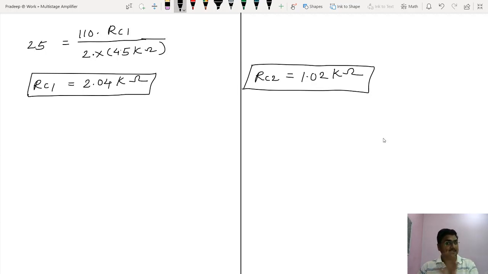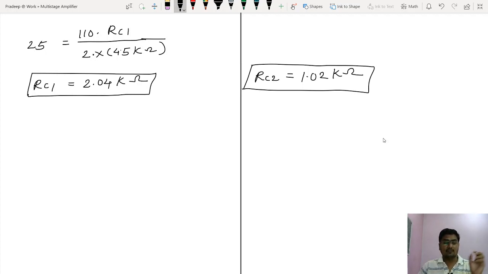This is the actual litmus test. If you are following this process, you should know whether your answer is right or wrong. Just compare the two values for RC1 and RC2. You will come to know one value is half of the other, or the other is double the first. That is the actual litmus test of your design procedure.